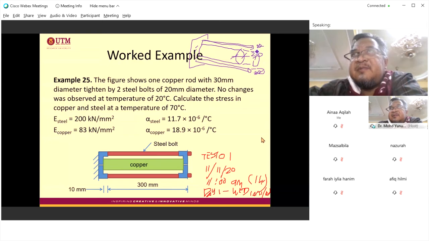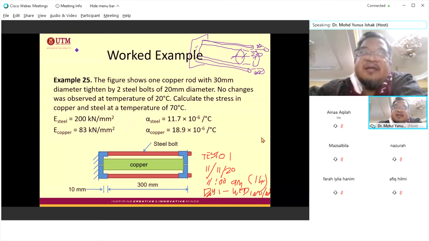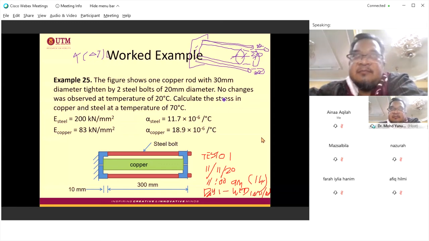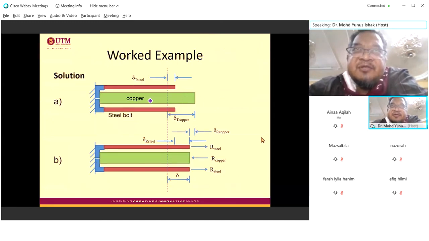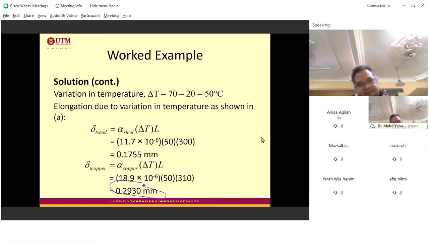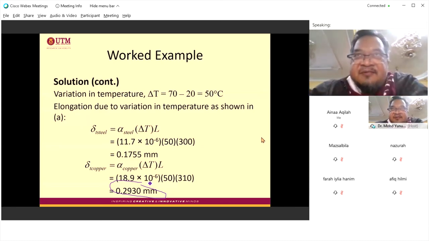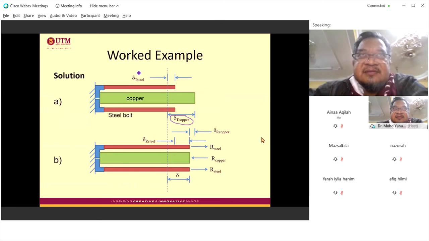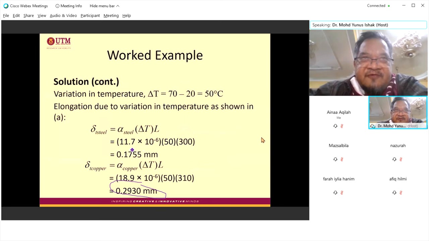Allow the deformation due to alpha delta T L. So the deformation for copper is 0.2930. The deformation for steel is 0.155.